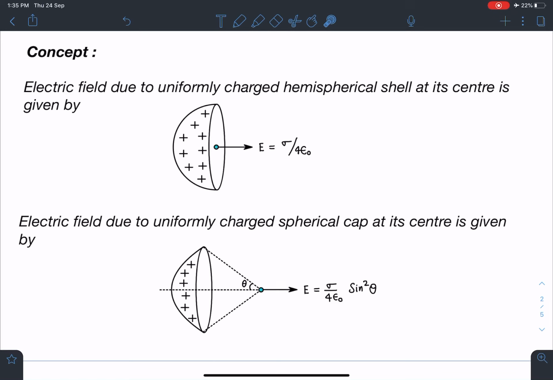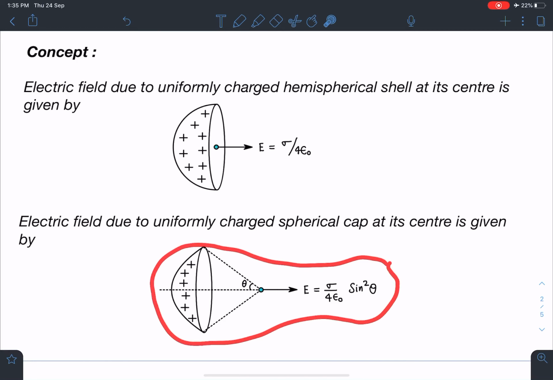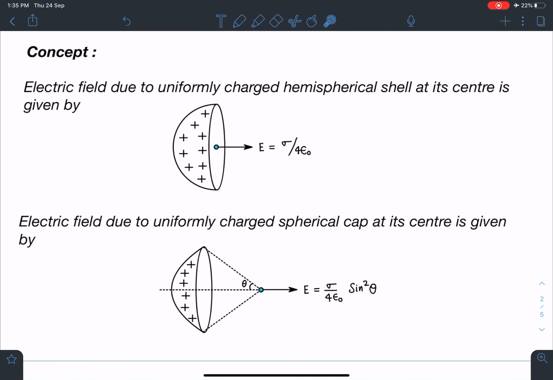You can check that if theta equals pi by 2, this will generate a hemisphere, and the result becomes like this. So you need to remember this result. It will be very beneficial in different situations. For any part of the sphere, you can write the value of the electric field at the center, so it is a very useful formula.